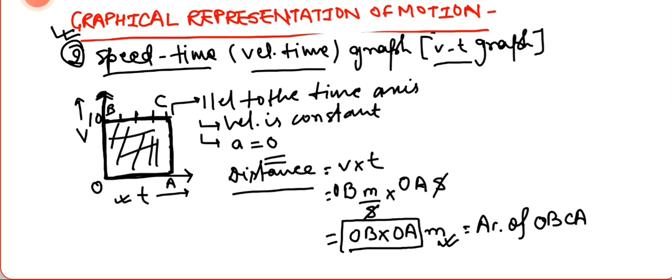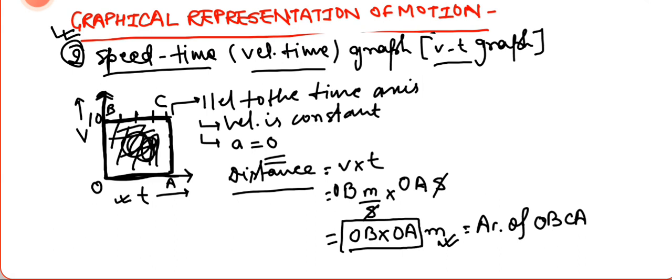This is the time axis and this is the velocity-time graph, the velocity-time slope. The area between the velocity-time slope and the time axis is known as distance traveled. So this is how we find the distance traveled in a velocity-time graph.